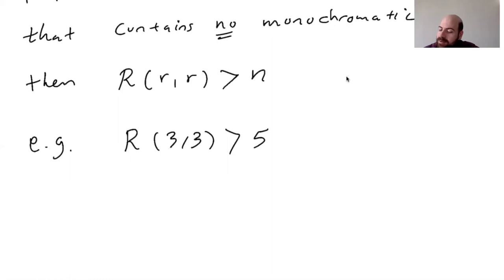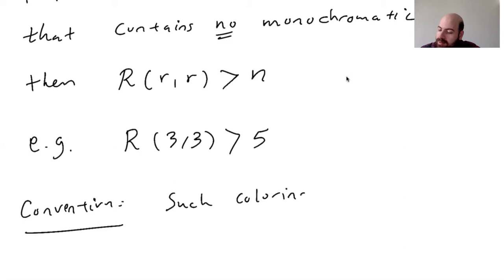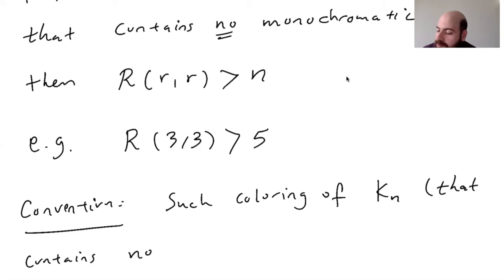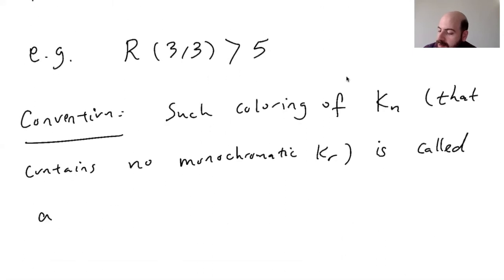And by the way, as a convention, such a coloring of Kn, meaning one that contains no monochromatic Kr, is called a good coloring of Kn.